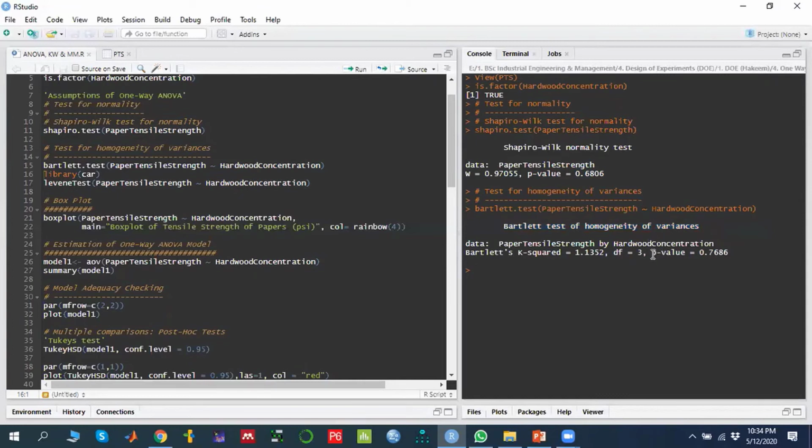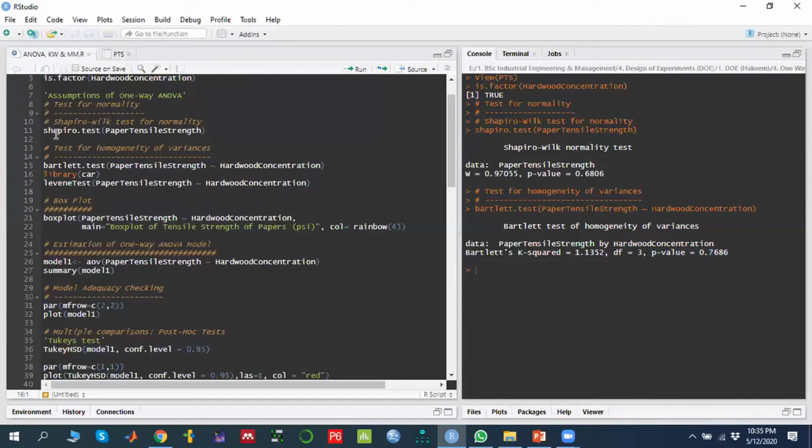So here the p-value is 0.76, which is greater than your pre-decided alpha. Either you can take 5% or 1%. Here we are taking 5% right now. The p-value is greater than 5%.